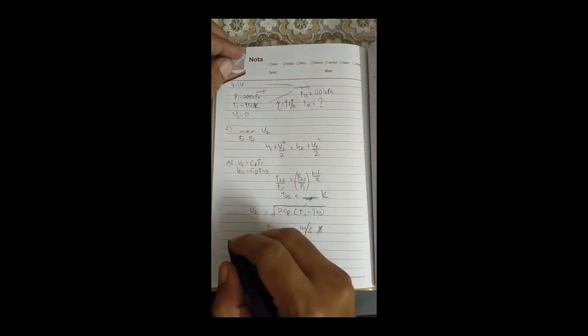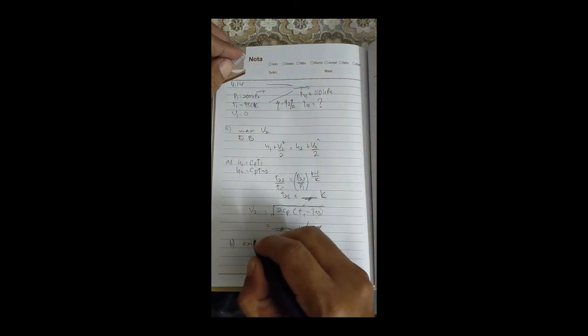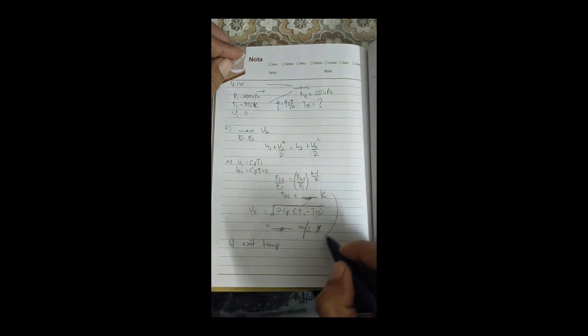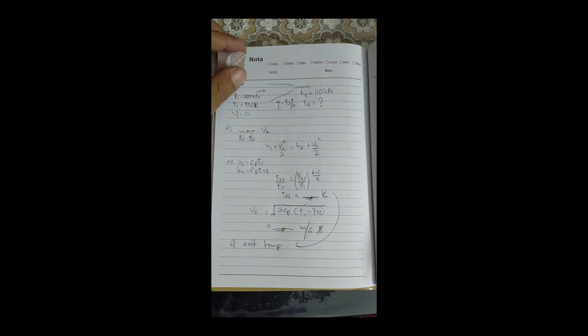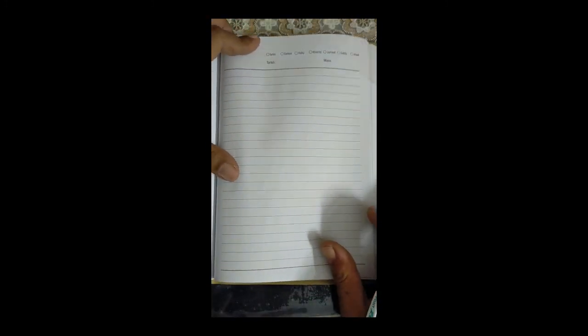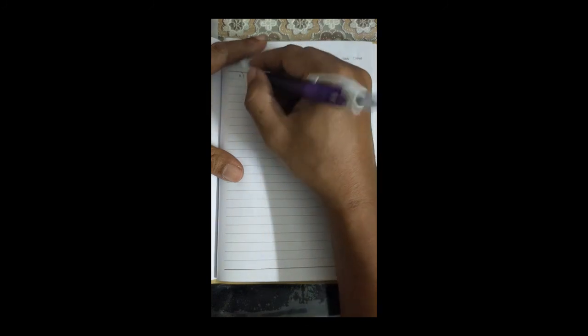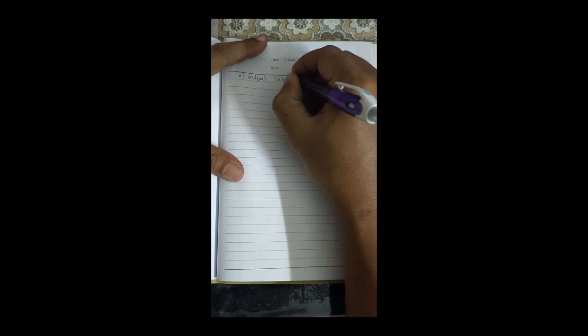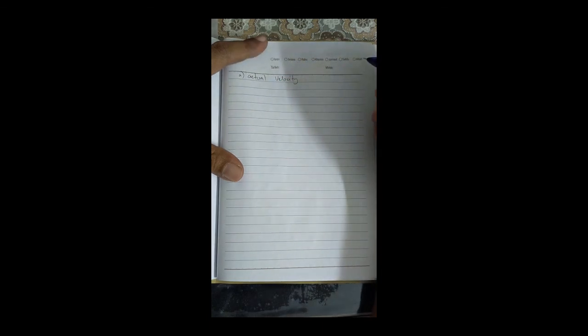Okay, B, the exit temperature has been calculated. Alright, so C, the actual velocity. As we have calculated before, this is only the isentropic.